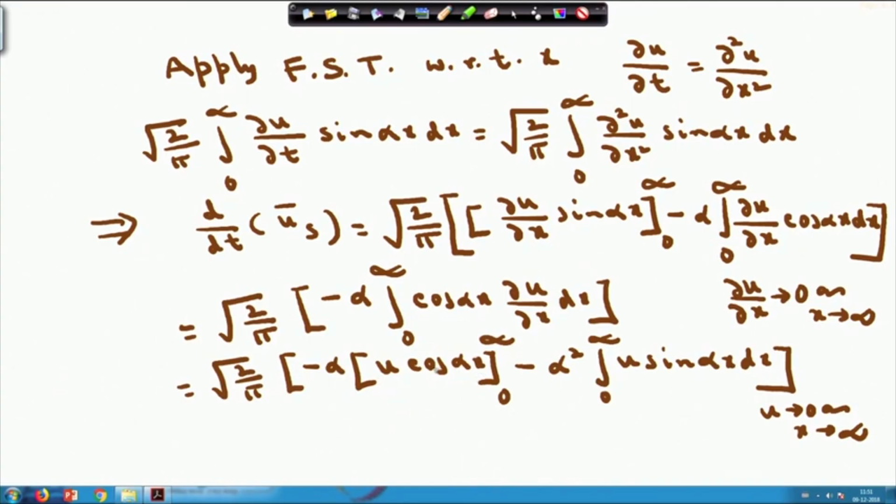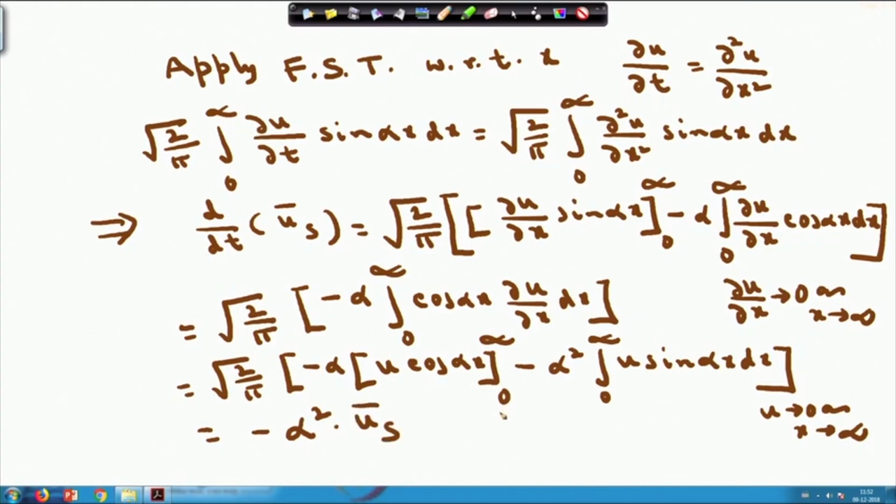Therefore, this part will be 0, and so this becomes minus alpha square times u bar, which is nothing but root over 2 by pi, integral from 0 to infinity of u sine of alpha x dx, which is nothing but u bar s. So you are obtaining this.